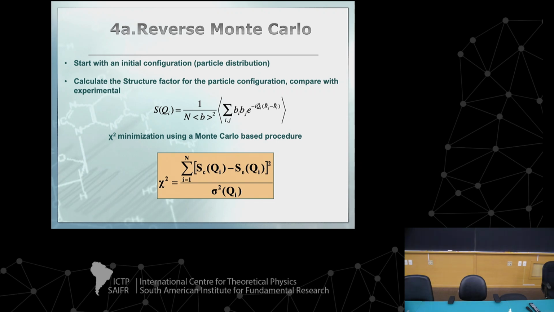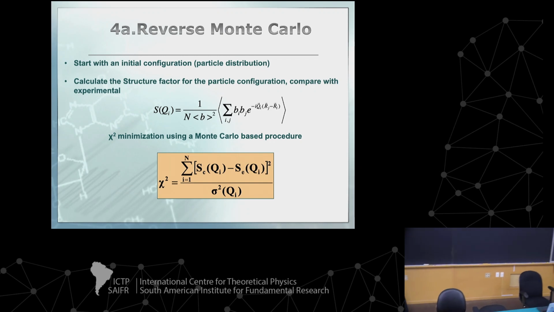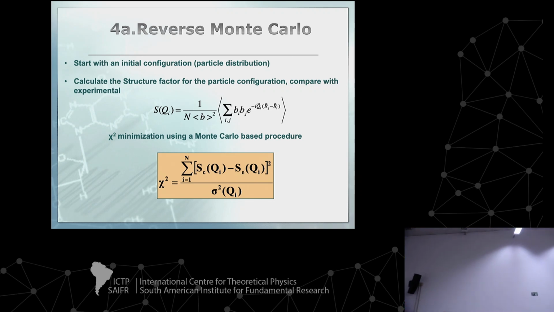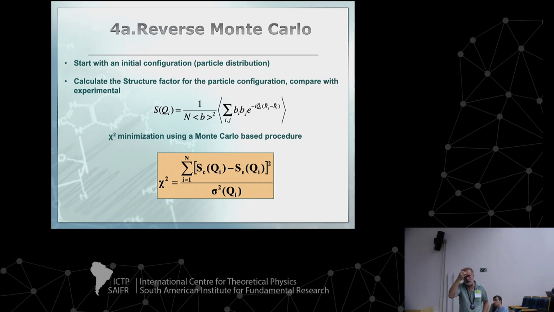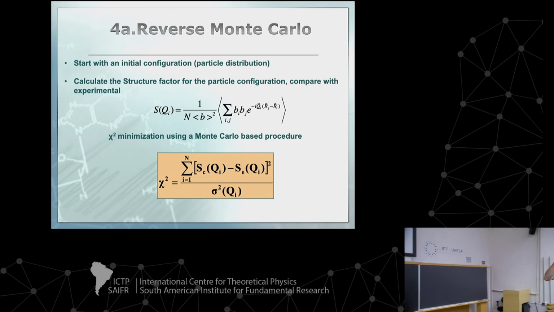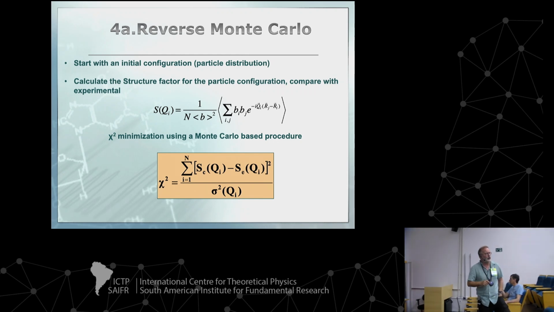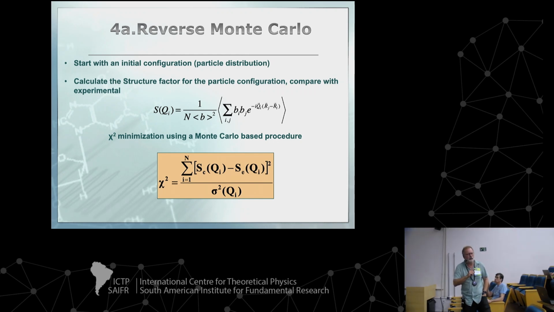Reverse Monte Carlo actually is connected with a minimization problem that was established many years ago for a technique called simulated annealing. Simulated annealing is the last resort when you are trying to optimize a problem, particularly a problem in which you do not have a continuous variable.